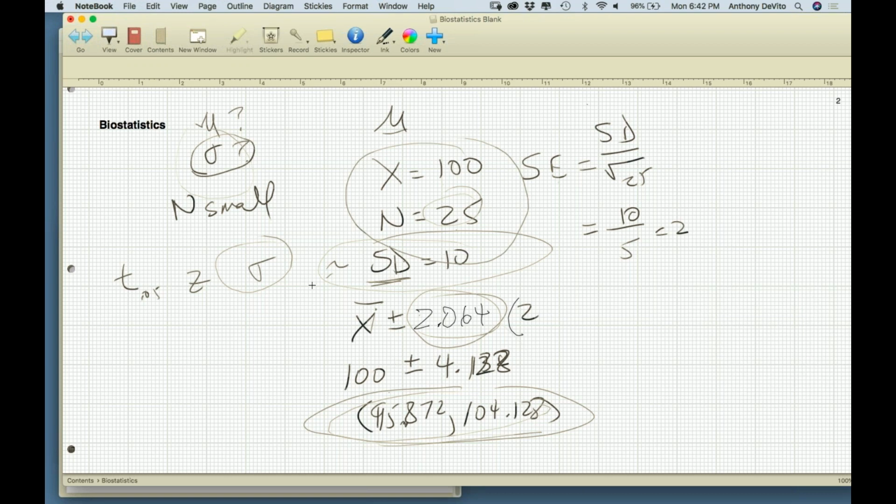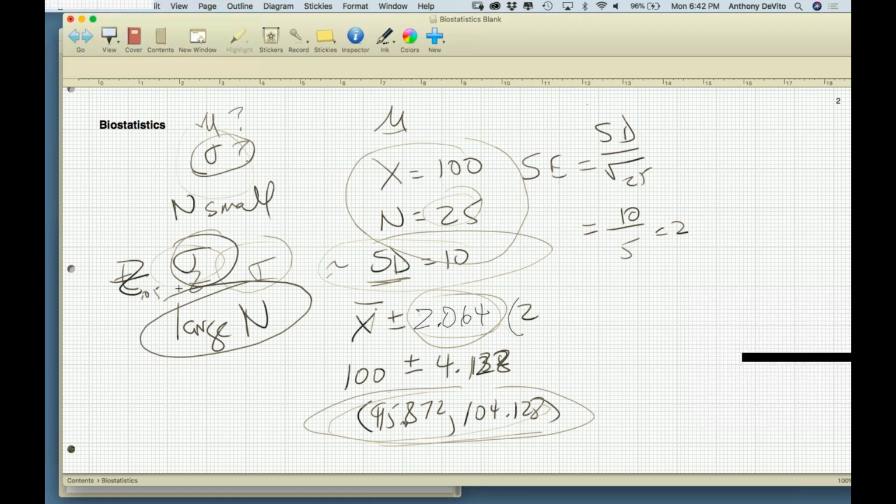So when am I using the t and when am I using z? I'm using z when we know sigma, the population sigma, and when we have a large sample size, large enough that we have a good handle on what we think sigma is. In other words, we can use a sample standard deviation to approximate sigma with a high degree of confidence.